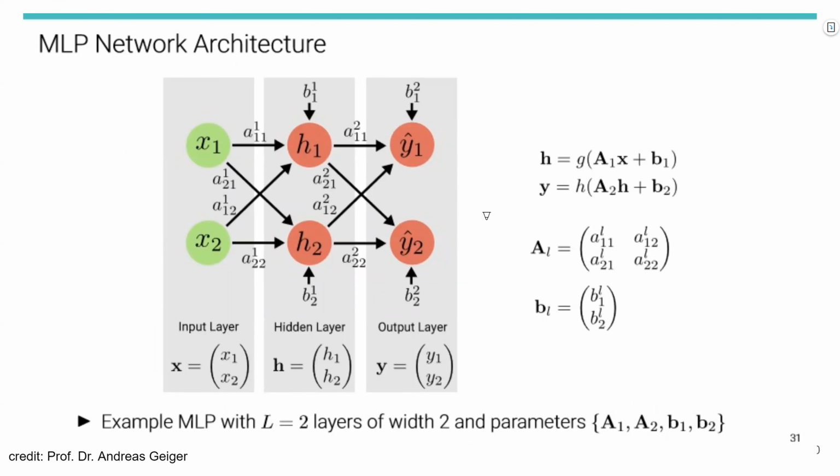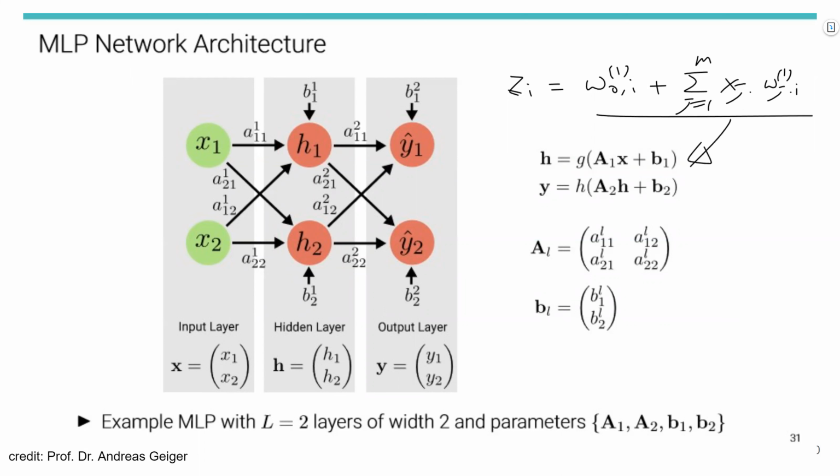And the previous notation, Zi equals W0,i plus sigma j from 1 to m of xj times Wj,i, was somewhat complicated, and we can turn this notation into this matrix notation.